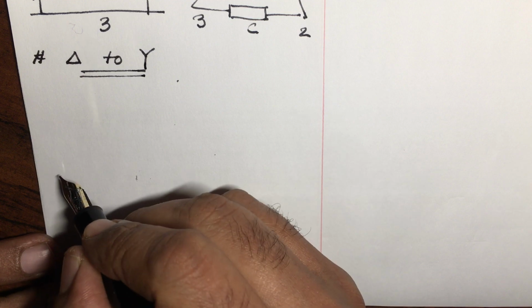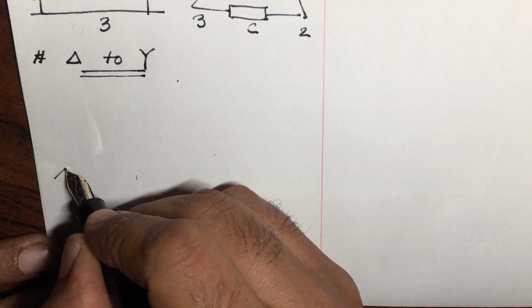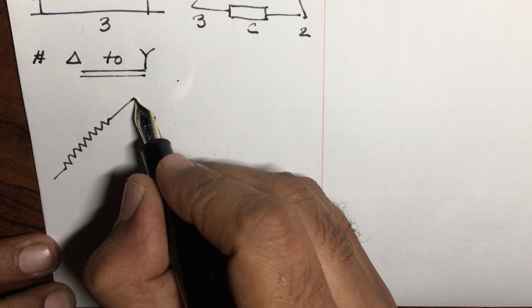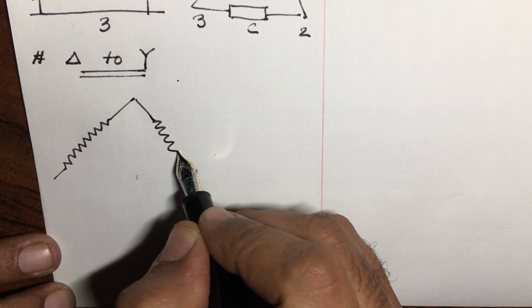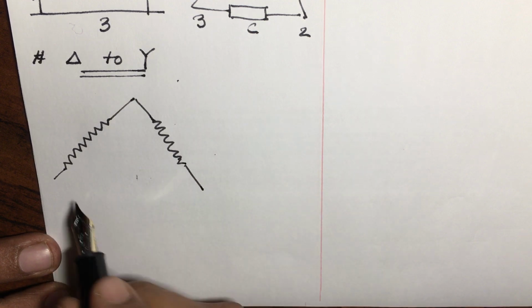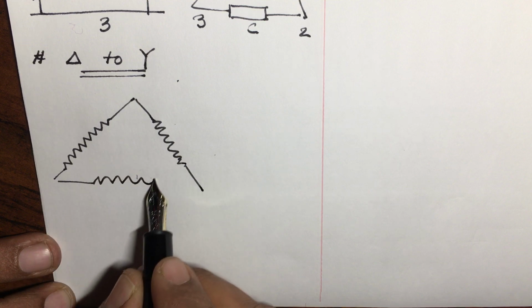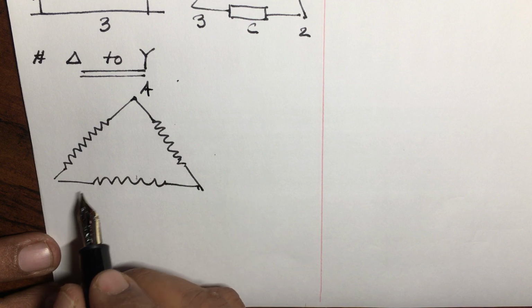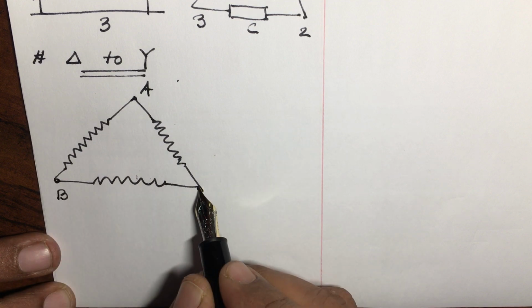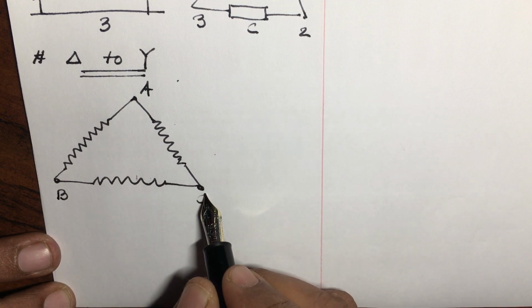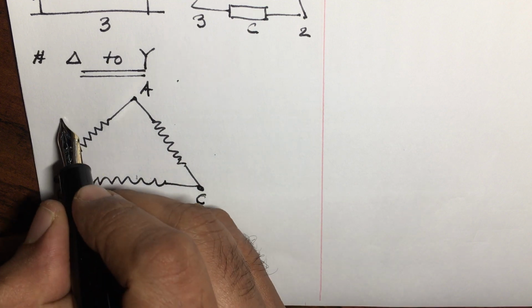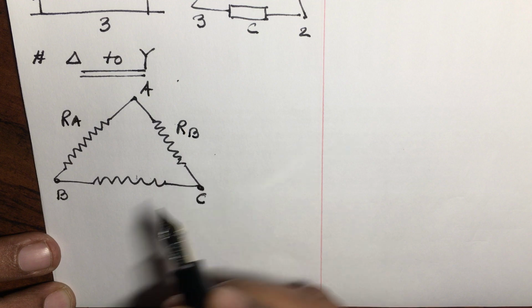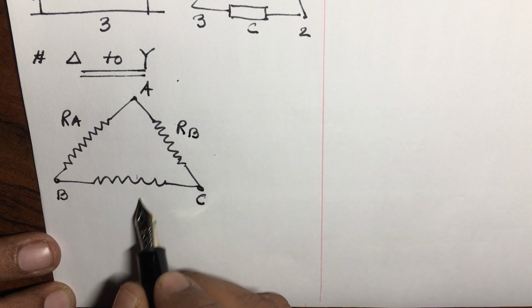So if you have a network like this, where this is A, this is B, this is C. Let this resistance be RA, that be RB, and that be RC.